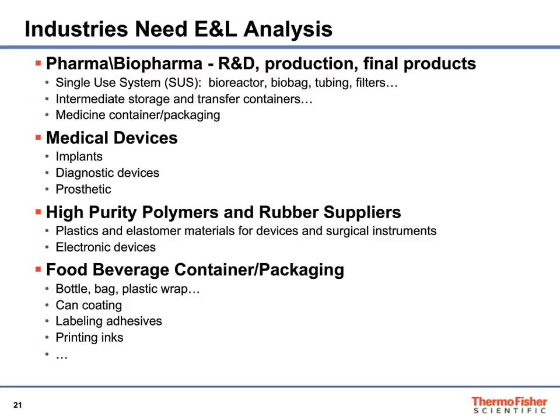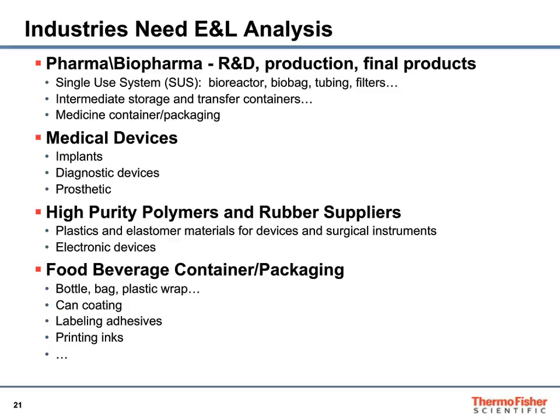Also, medical devices. Medical devices encompass many different things. The important thing is they all make contact with the human body, no matter if it's implants, diagnostic devices, or prosthetics.